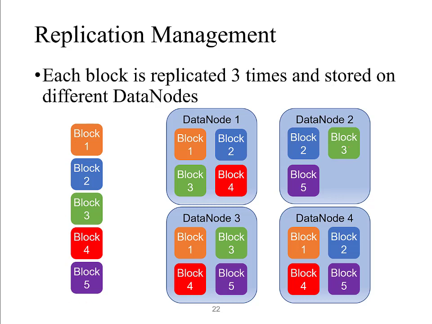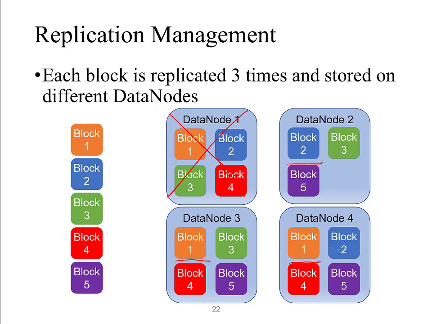We store them in 4 different data nodes, and as you can see, each block has 3 replicates. So whenever one data node fails, for example, data node 1 fails, then we still have block 1 in node 3 and 4.